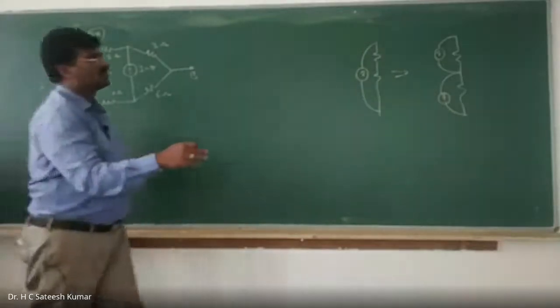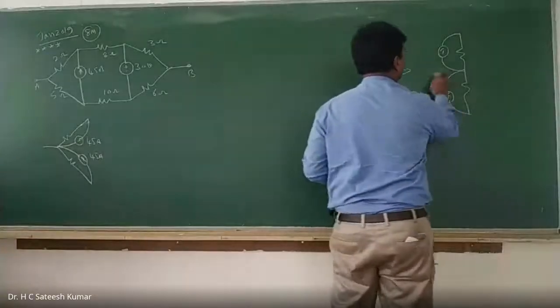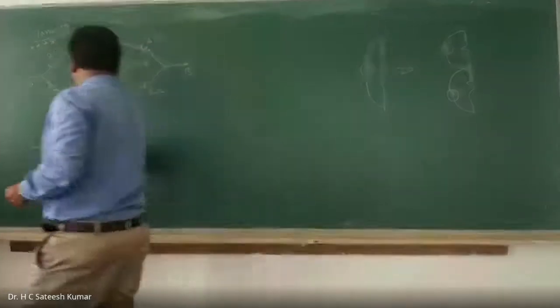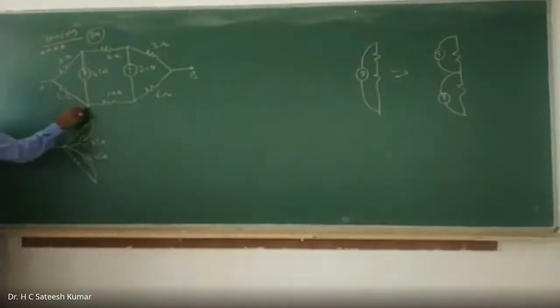Once I removed this one, I have connected it this way and this way. 45 leaving, 45 leaving, 45 entering, 45 entering here, and here 0. Therefore 45 entering, 45 leaving, net is 0.